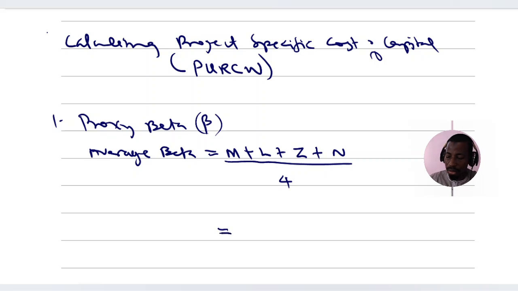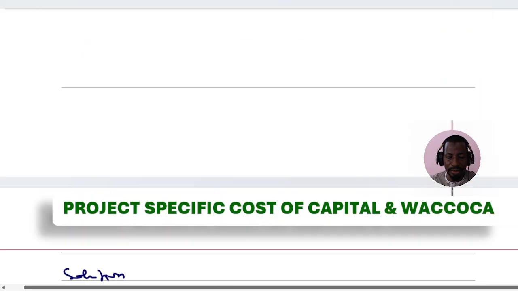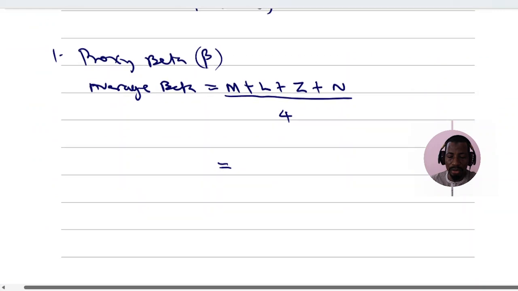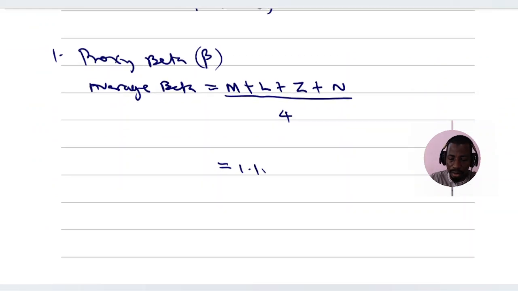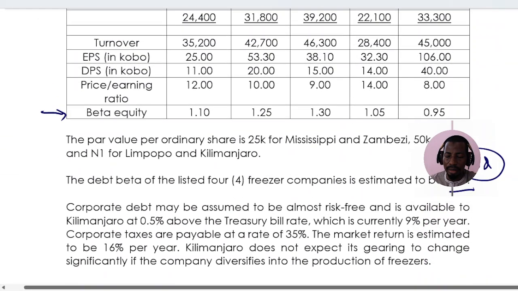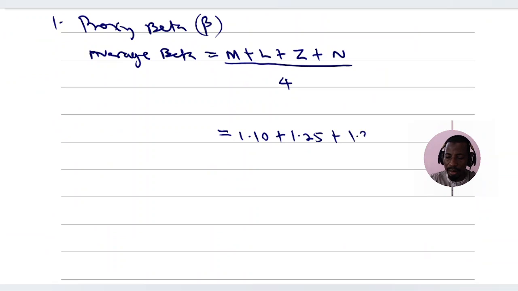The equity beta of Mississippi is 1.10, Limpopo is 1.25, Zambezi is 1.3, and Nile is 1.05. So 1.10 plus 1.25 plus 1.3 plus 1.05. You add up everything, then you divide it by 4.